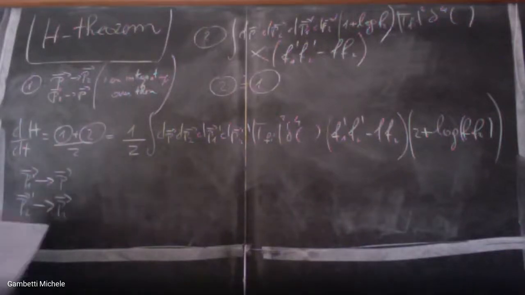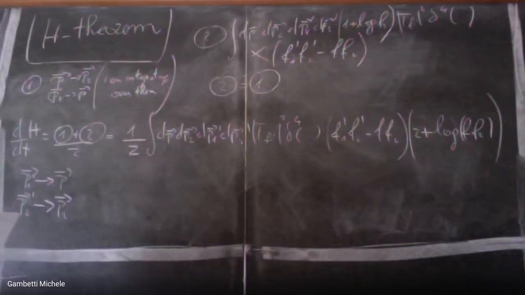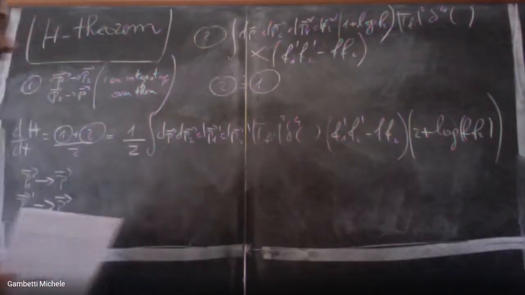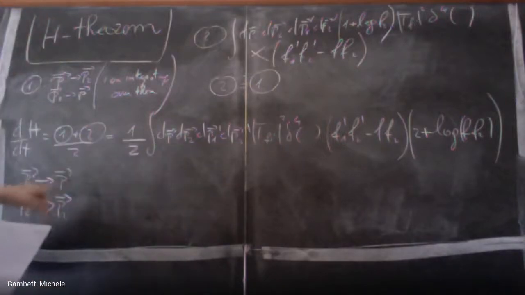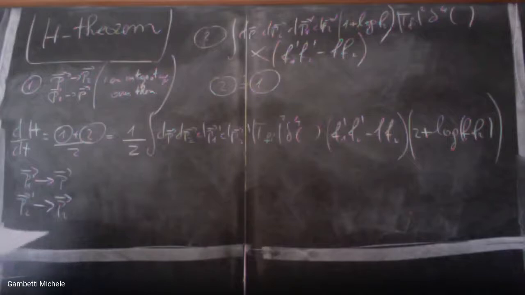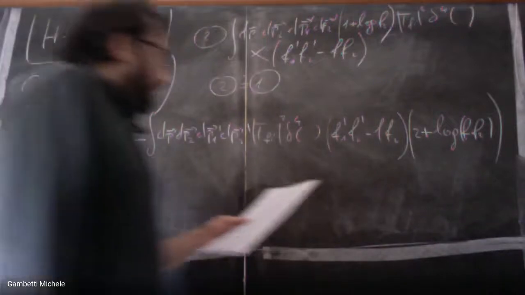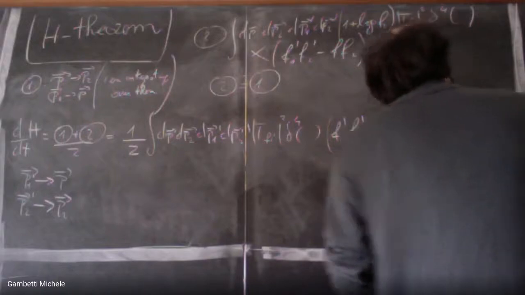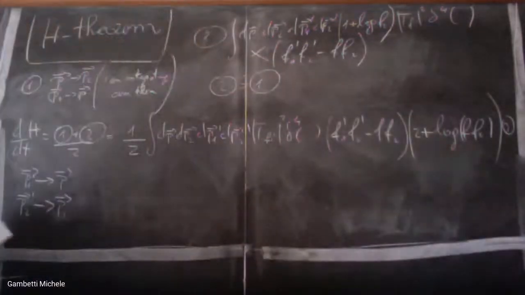Again, it's not a problem because I'm integrating over these quantities, and the structure here is invariant with respect to what is before and what is after the collision. Let me call this way to express h, 3.